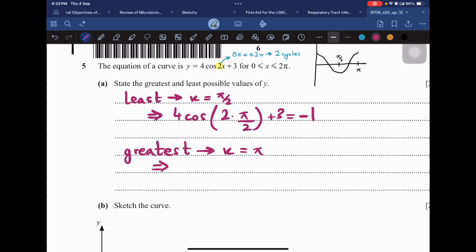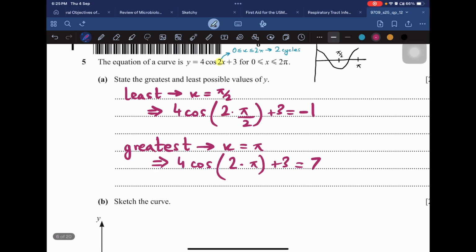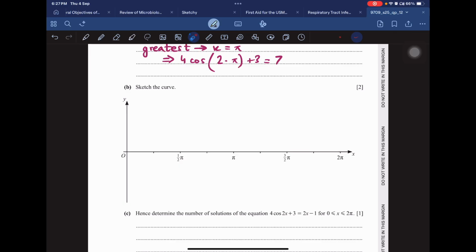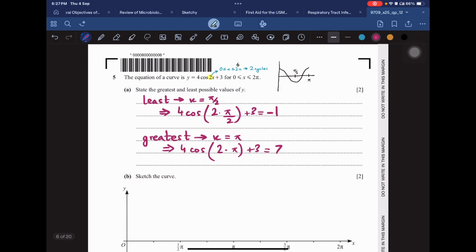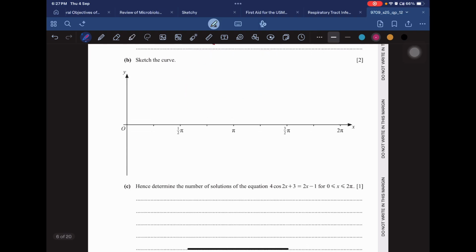That will be 4 cos 2 times pi plus 3. This will be equal to 7. So the greatest is 7 and the least is negative 1. In the next part, they're saying sketch the curve. So how I like to go about this is with our equation is 4 cos 2x plus 3.